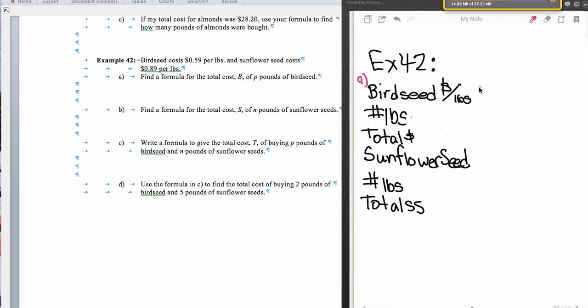So birdseed here, we're told it costs 59 cents per pound. So I'll put that down as a list of our information given.